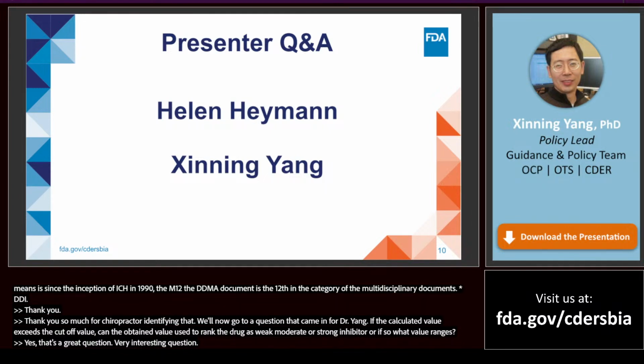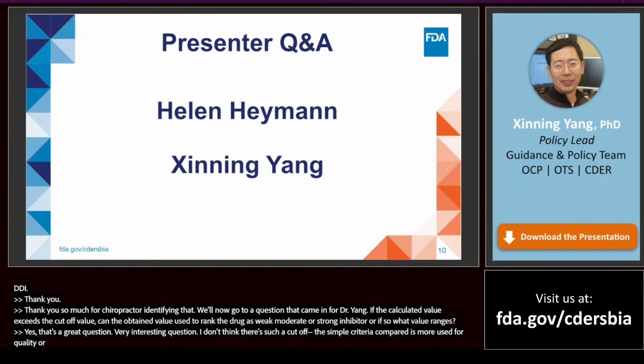I don't think there's such a cutoff value. The thing is that this simple criteria compared to cutoff value is more used for qualitative assessment. If it's below the cutoff value, we can readily rule out the DDI potential. So it's definitely worthwhile to examine whether there's also a quantitative correlation.